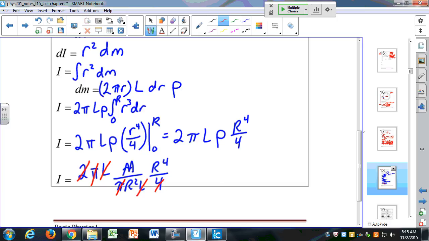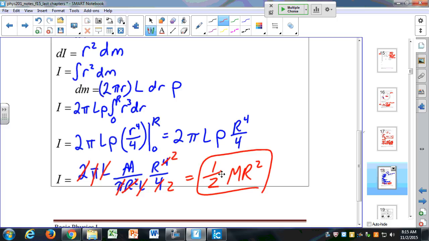A 2 cancels here and leaves a 2, and an r squared here and leaves an r squared. And so my final answer is 1/2 mr squared. That's how I find the moment of inertia of a solid cylinder. It's a little more difficult than the disc, or definitely more difficult than the hoop, a little more difficult than the bar. But the trick is using that annular cylinder to get your differential element correct.